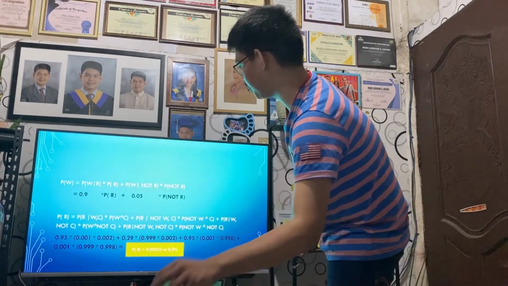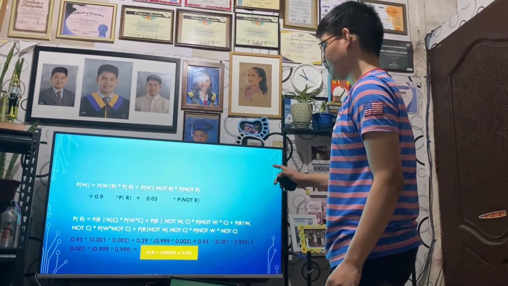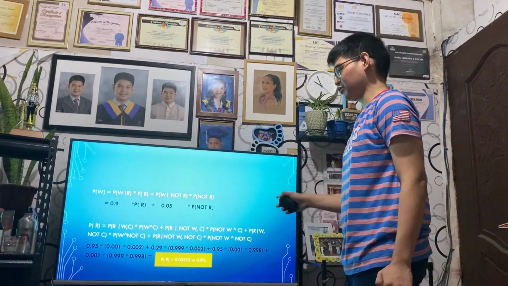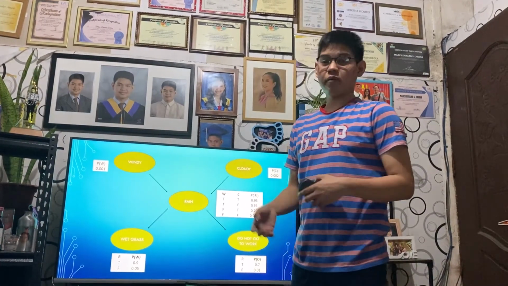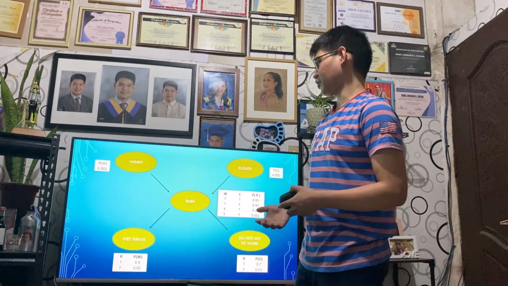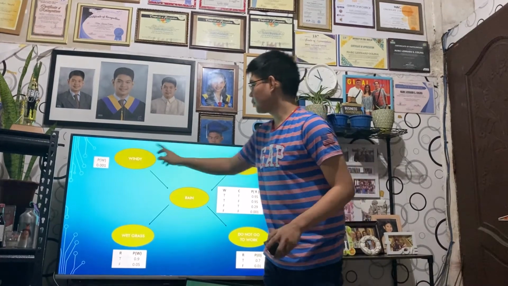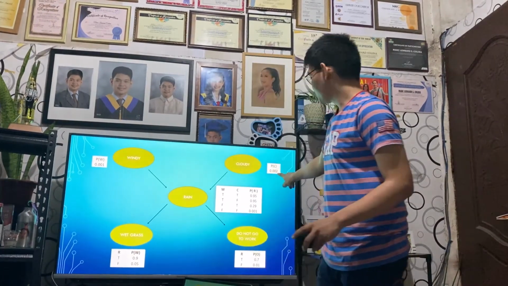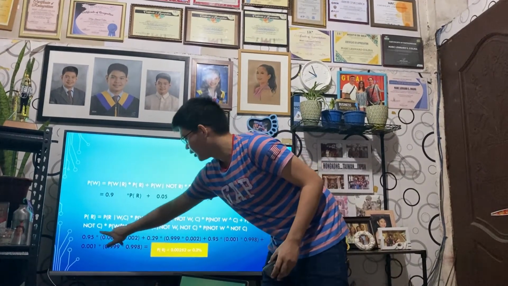That's why we have 0.95 over here, times the joint probability of windy and cloudy. To get the joint probability, we just get the product of the probabilities of the variables. So to get the joint probability of windy and cloudy, we multiply 0.001 by 0.002. That's what we have here.